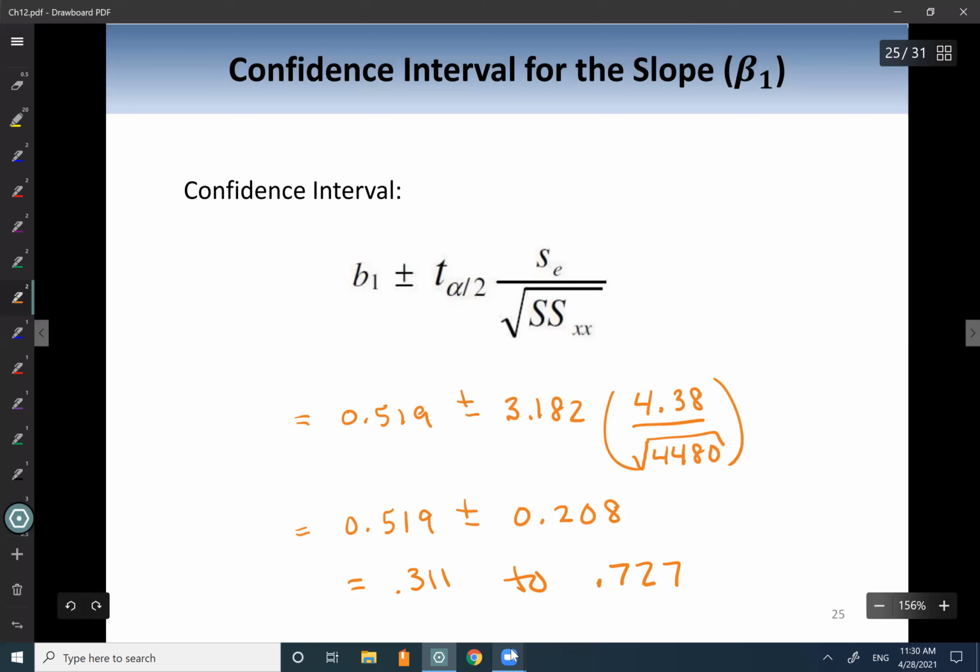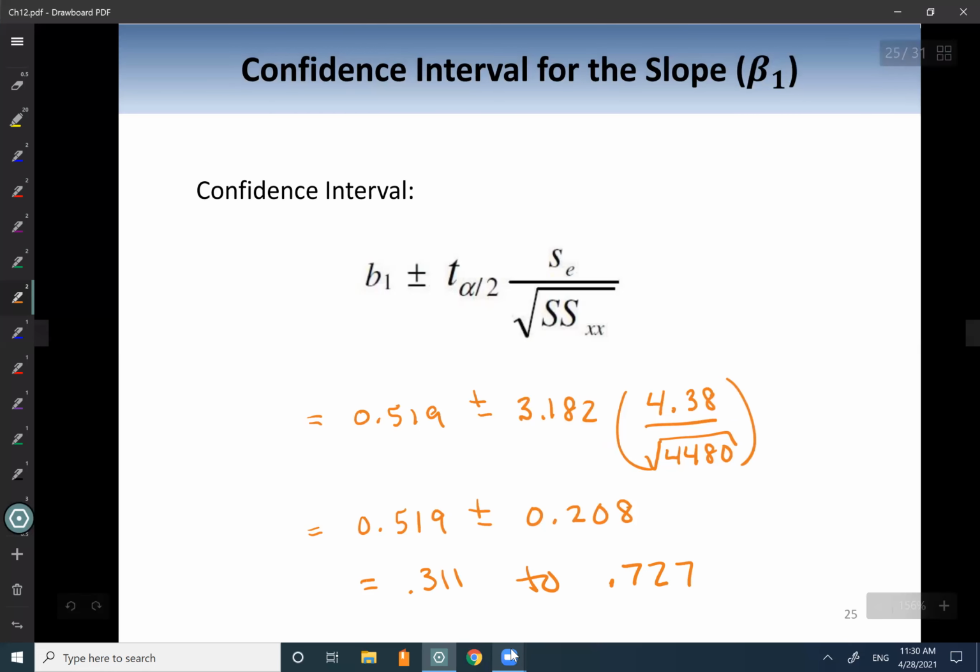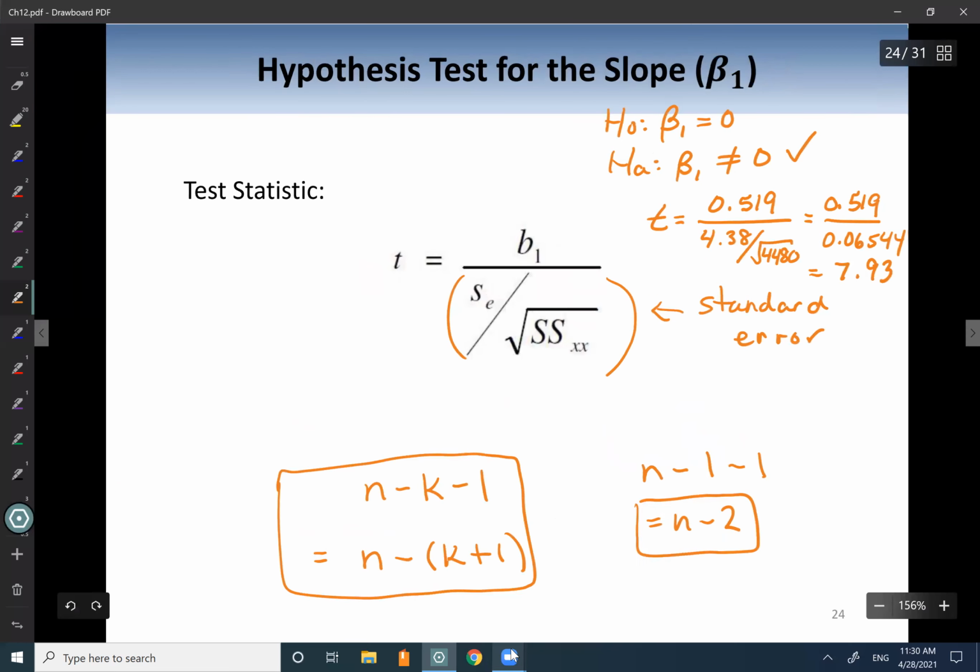So you can see that 0 is not within that range. So we would reject the null hypothesis, right? Because there's no 0 in the confidence interval range. And that is consistent with our result here. We reject the null hypothesis and we accept that the slope coefficient does not equal 0, which then we can conclude that the predictor variable x is statistically significant.